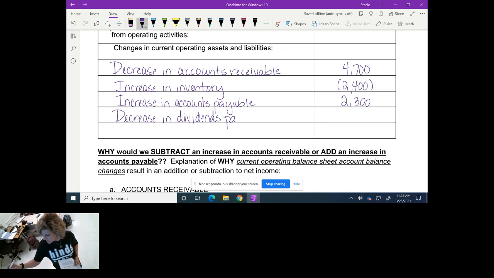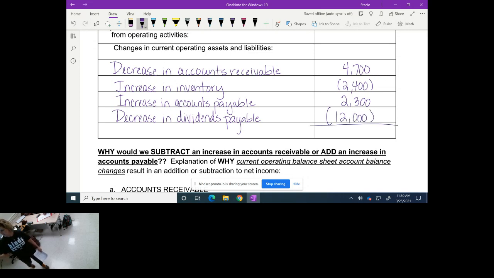What would be the entry to decrease your dividends payable? We just did this a couple of chapters ago. You would debit dividends payable and credit what? Cash. If you're paying dividends out, if they're cash dividends.